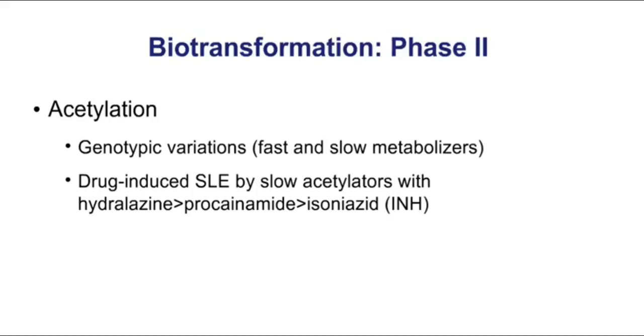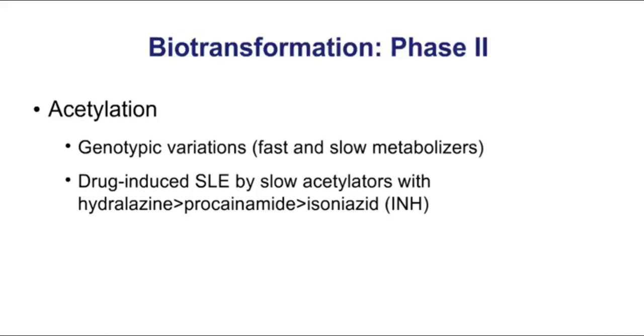If you don't get a hydralazine question on your exam, you're probably going to get a procainamide question. This is that popular. And even though isoniazid is the drug that we discovered drug-induced lupus with, it's probably the least likely of the three to show up on the test. It's the least common in terms of occurrence of those three drugs. If you like mnemonics, you can come up with a mnemonic for the three lupus-causing drugs, and that mnemonic is HIP, H-I-P.